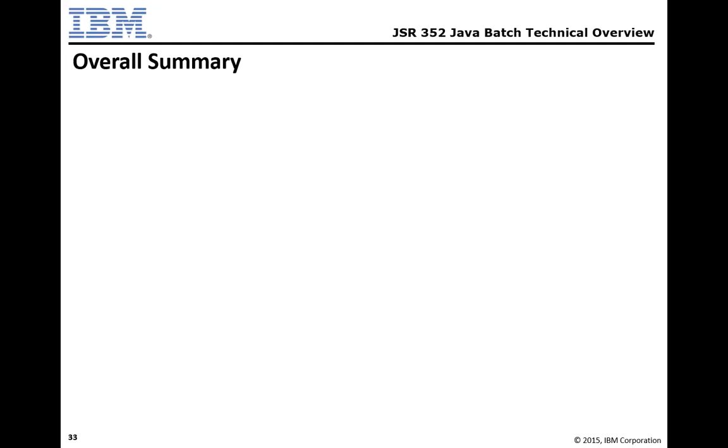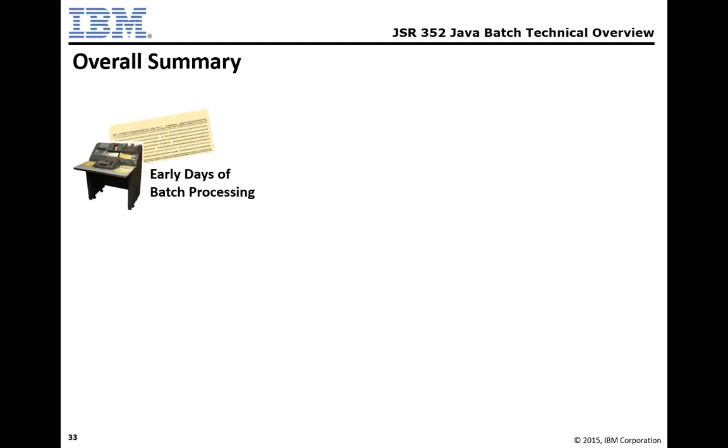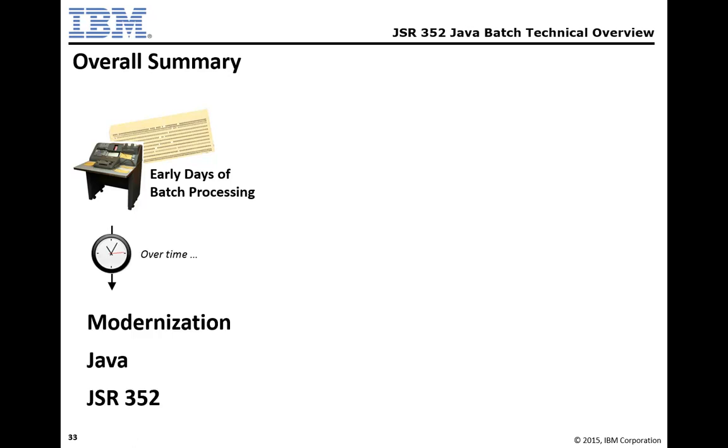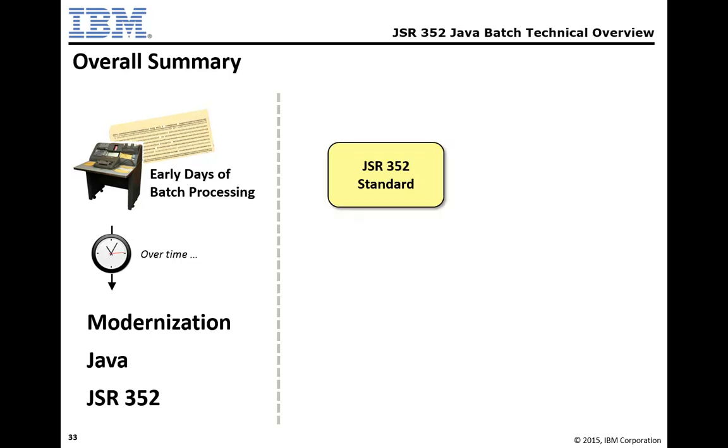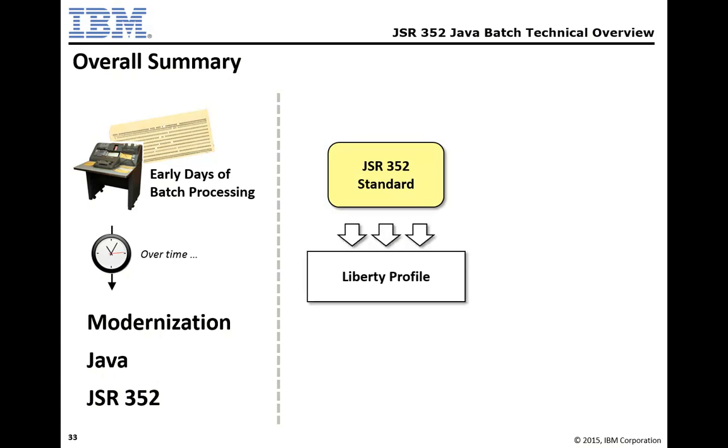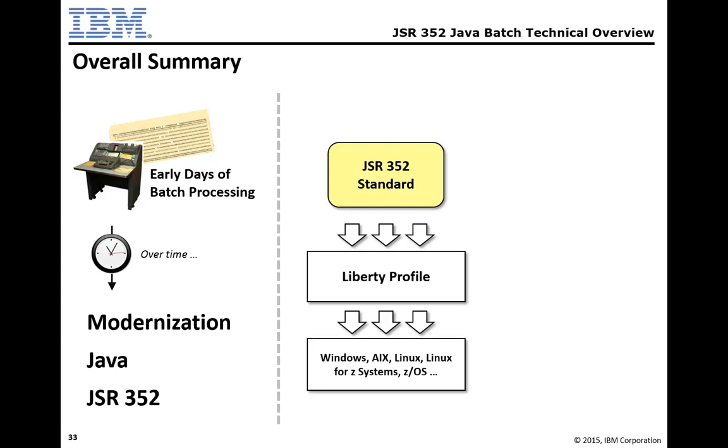And here's the overall summary. Way back when, we had the early days of batch processing with punch cards and old computers. Over time, batch processing evolved with a push recently to modernization, Java and the JSR352 standard for Java Batch. The JSR352 specification defines a standard set of interfaces for Java Batch processing. IBM has implemented this to run on Liberty Profile, which runs on many different operating system platforms.